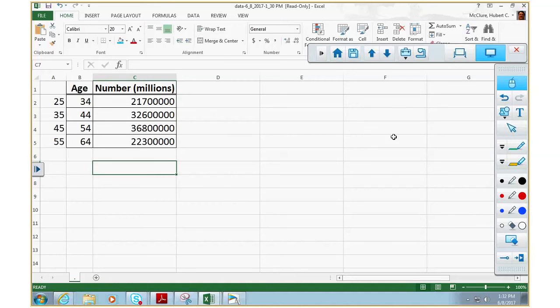All right. And what else do we need? Good. So we put X right here.